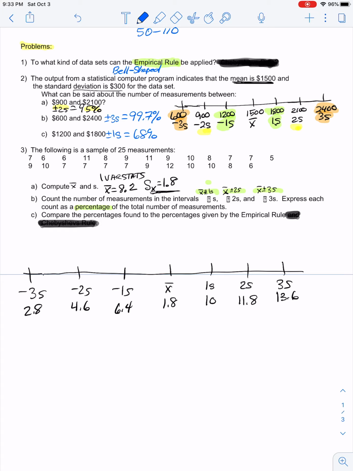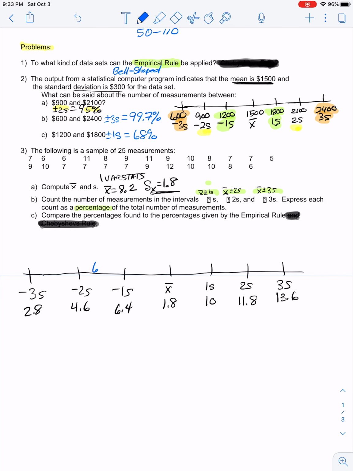From 4.6 to 6.4, I have a 5, and then some 6s, like 3 of them. In the next compartment, I have 1, 2, 3, 4, 5, 6, 7 7s, and I have 3 8s.